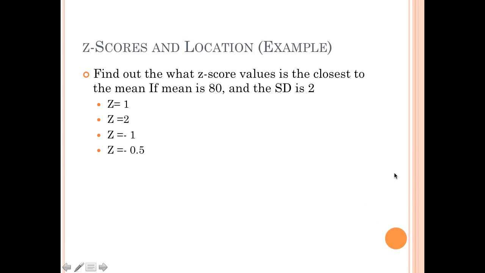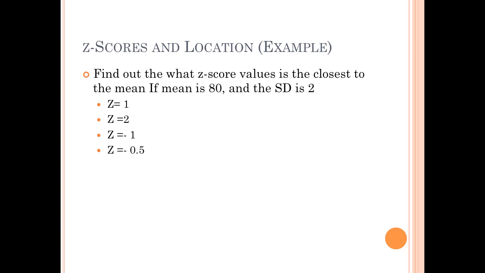So find out which z-score value is the closest to the mean if the mean is 80 and the standard deviation is 2. Which one of these would be the closest to the mean? But it doesn't really matter, the sign.